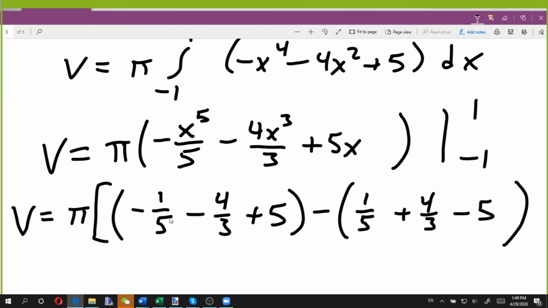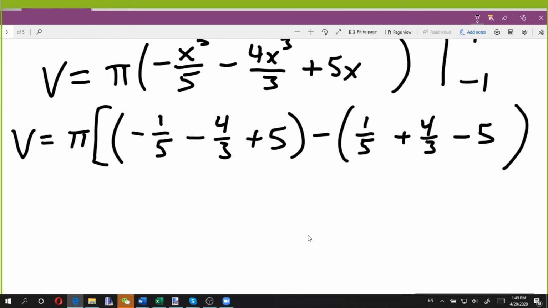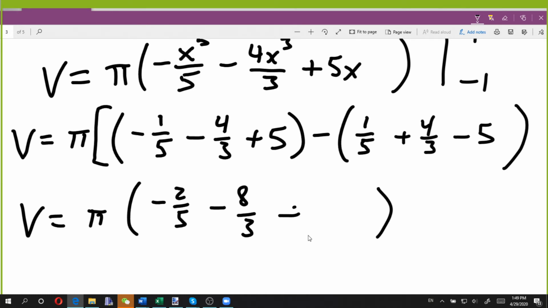Okay, when we go to subtract, this will end up doubling all of those values. So I'll end up with pi times -2/5 minus 8/3 plus 10.